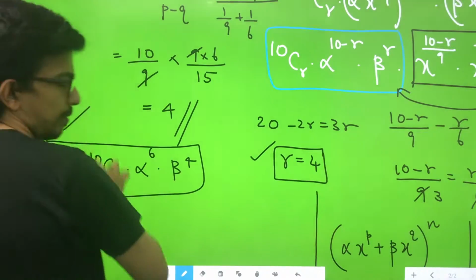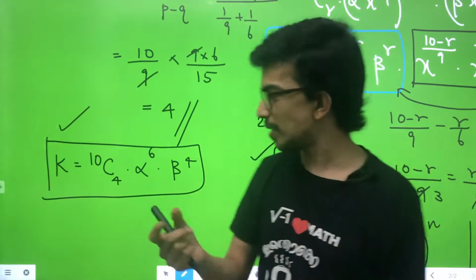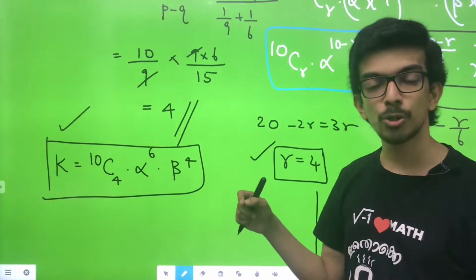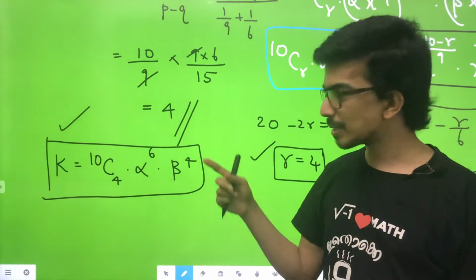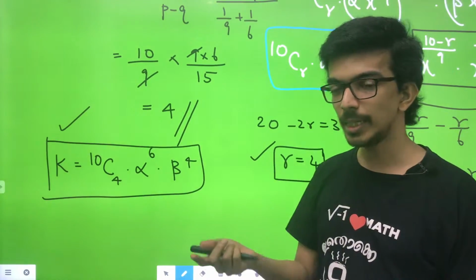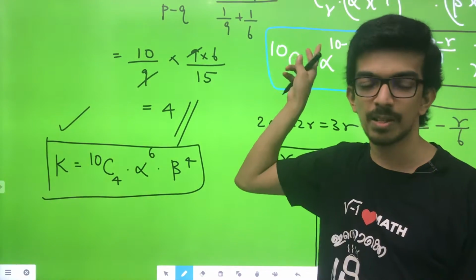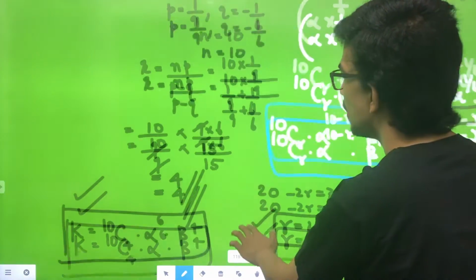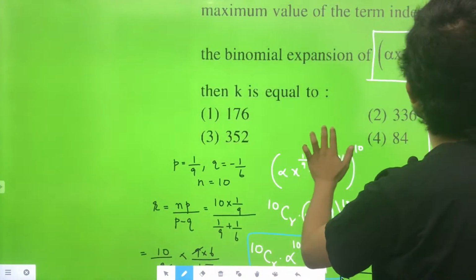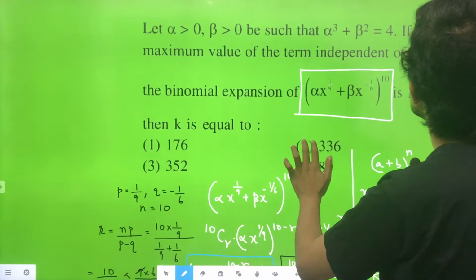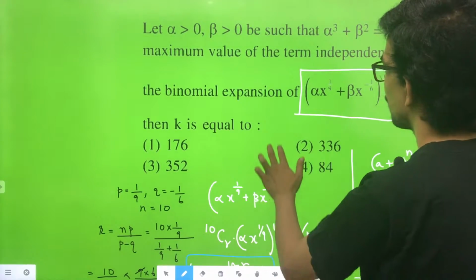And we are not done, because once you have this expression, we are supposed to find the maximum value of this expression such that some constraint is given in the question, and that constraint talks about alpha cube plus beta square being 4.